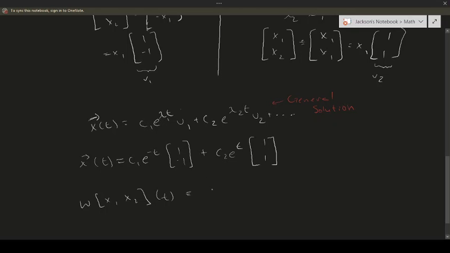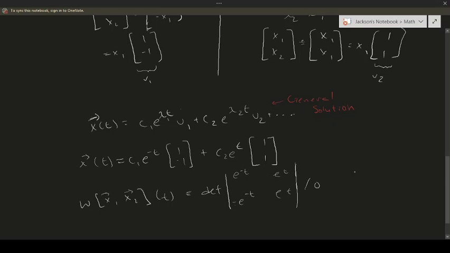So we take the determinant, and we want this to not equal 0.